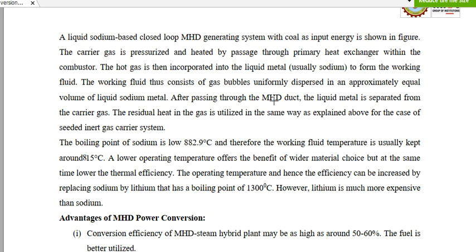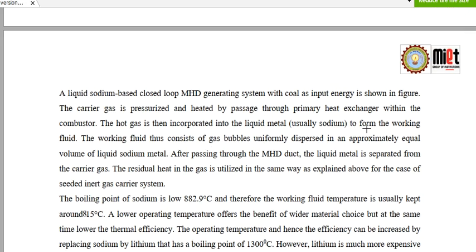A lower operating temperature offers the benefit of wider material choice for the equipment construction, but at the same time lowers the thermal efficiency. The operating temperature and hence the efficiency can be increased by replacing sodium with lithium, which has a boiling point of 1300 degrees Celsius. But the constraint is that lithium is much more expensive than sodium.